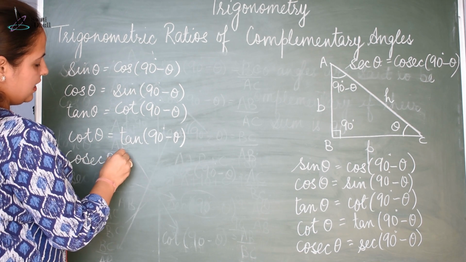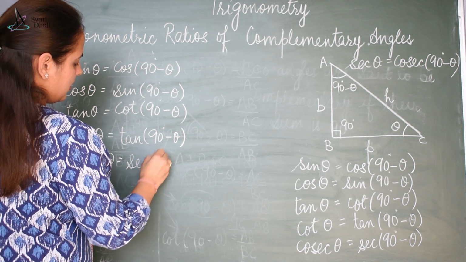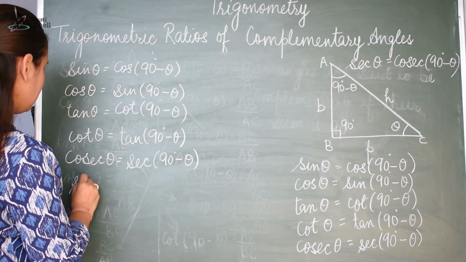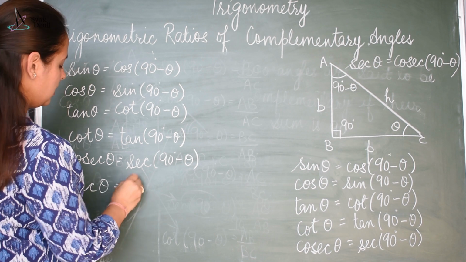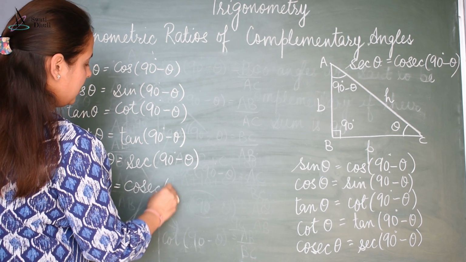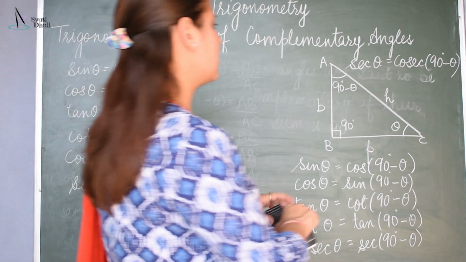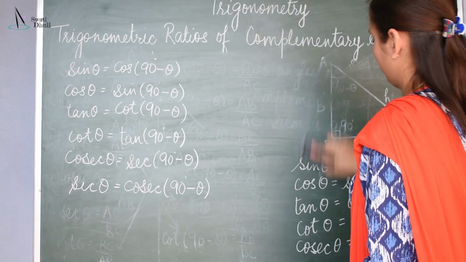Similarly, cosecant theta is equal to sec 90 minus theta and sec theta is equal to cosecant 90 minus theta. Now let us discuss some questions based on it.